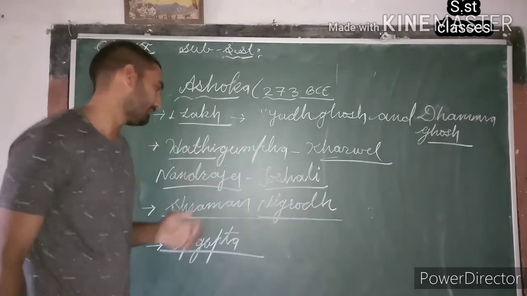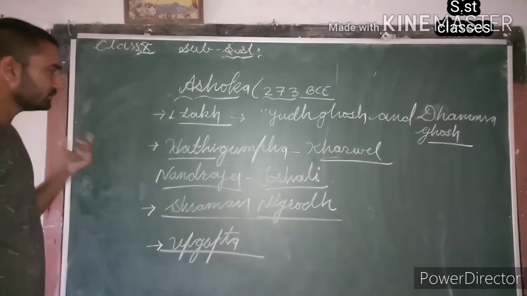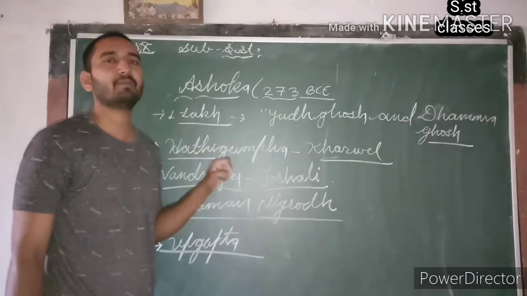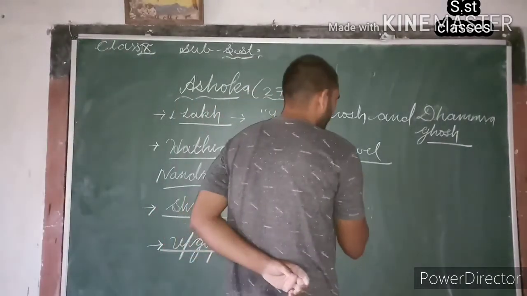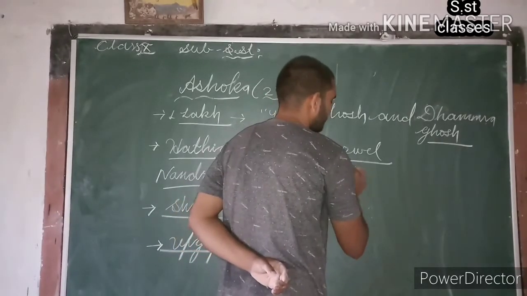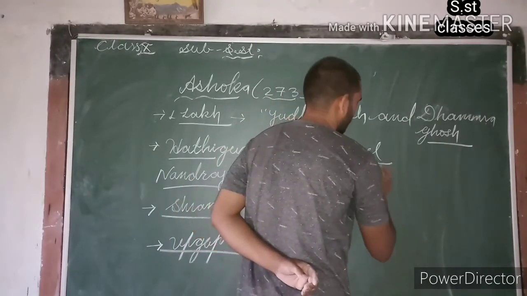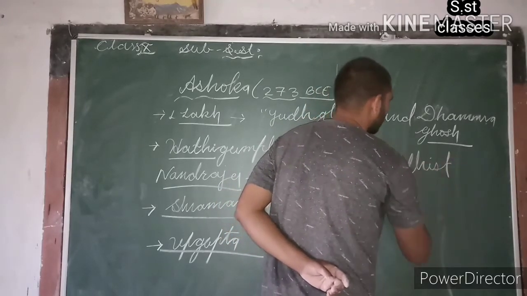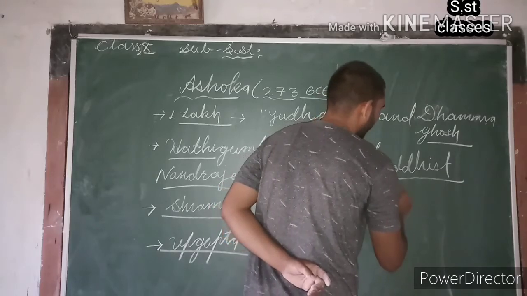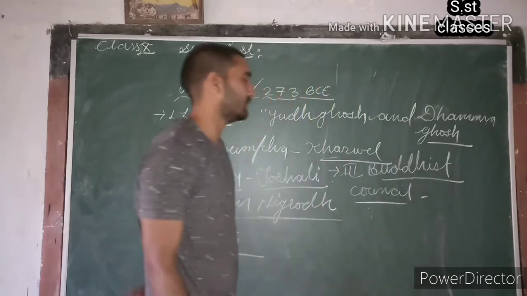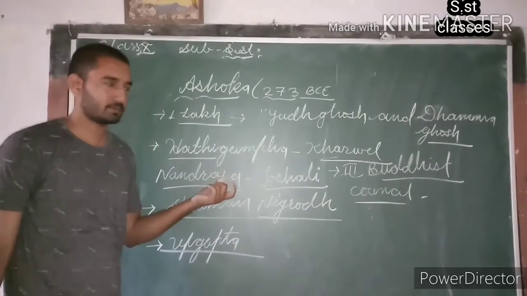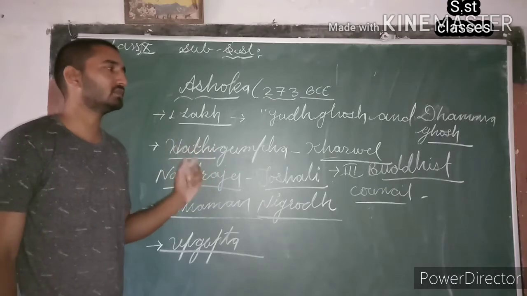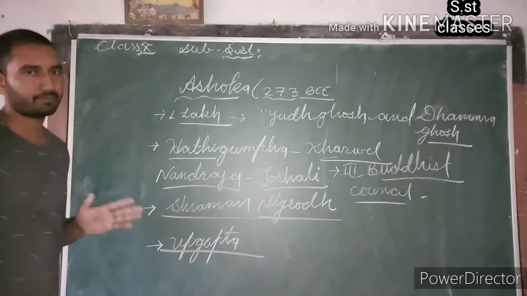Is that clear? Okay. After that, the next point: the Third Buddhist Council was organized at the time of Ashoka. This Buddhist council was organized under the chairmanship of Moggaliputta Tissa, and in this council Moggaliputta Tissa composed the Abhidhamma. Is that clear?